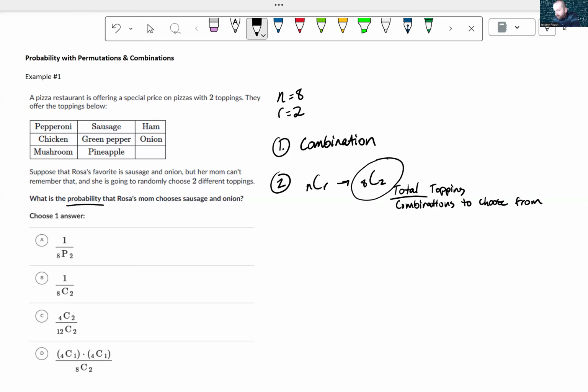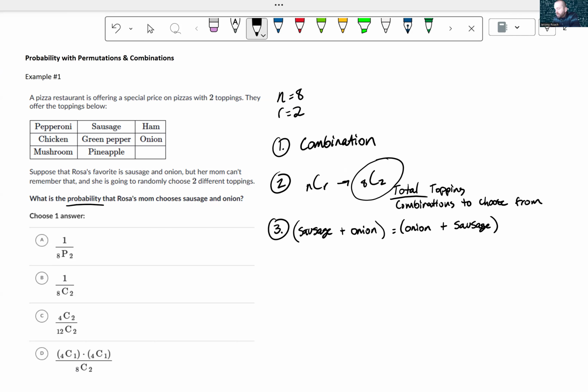You might be able to see how to eliminate some of these answer choices so far, just based on the multiple choice. Okay, now we want to calculate the probability that Rosa's mom can choose sausage and onion as a topping. To calculate that probability, the order does not matter. That means that sausage and onion is the same thing as onion and sausage.